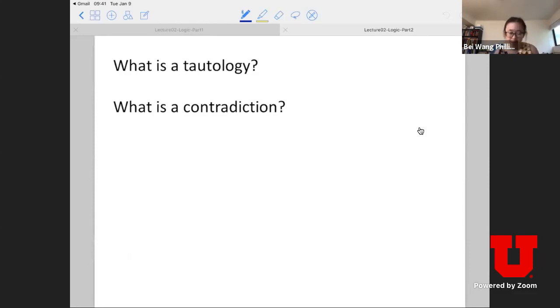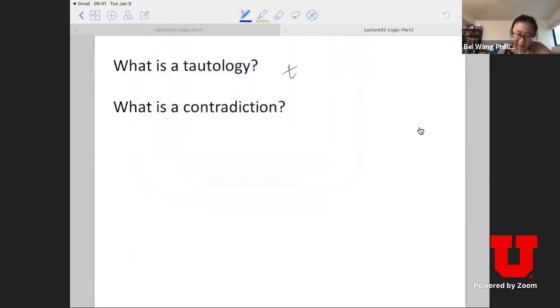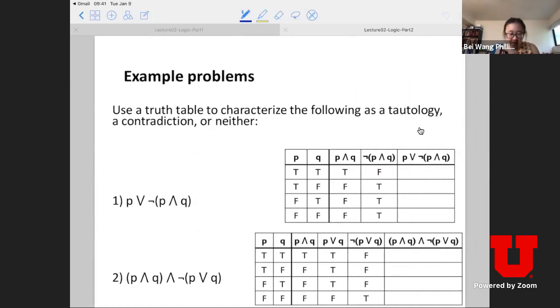Okay, and for tautology, we always use the symbol T, and for contradiction, we always use the symbol C. So now let's look at the truth table again, right? Remember I said tautology is the one that is always true, and contradiction is the one that is always false. So the first thing I need to decide is whether the first proposition here is a tautology, a contradiction, or neither. So we just need to complete the truth table.